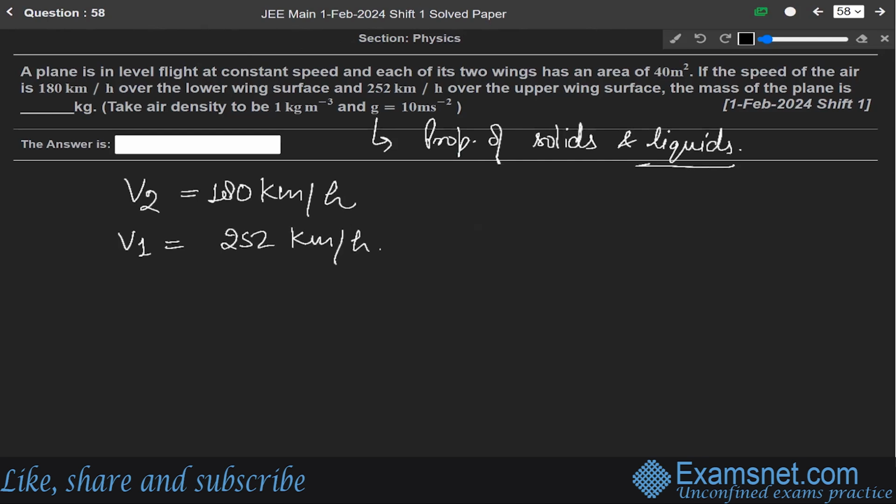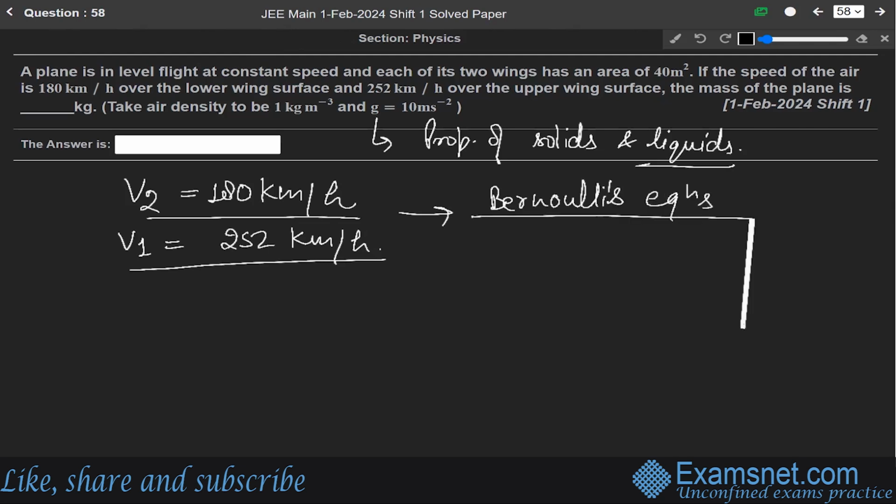For solving such a question, we will use Bernoulli's equation. The Bernoulli's equation is P1 plus 1 by 2 rho V1 square equals to P2 plus 1 by 2 rho V2 square.